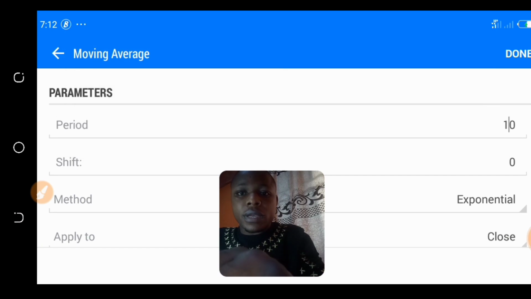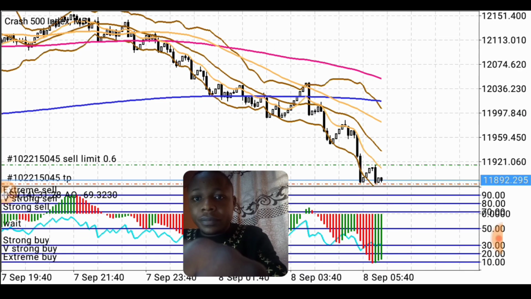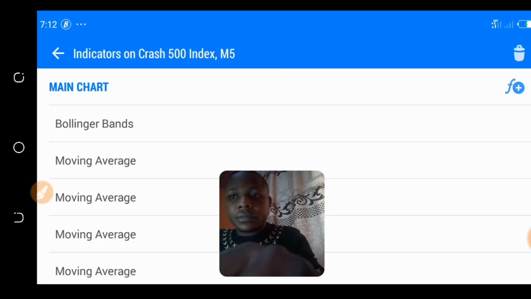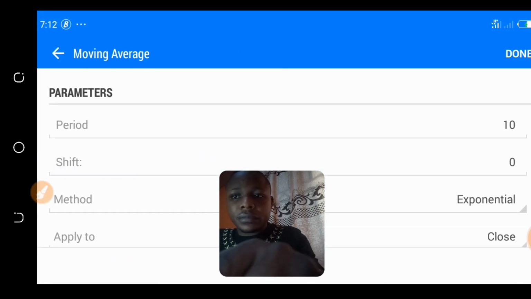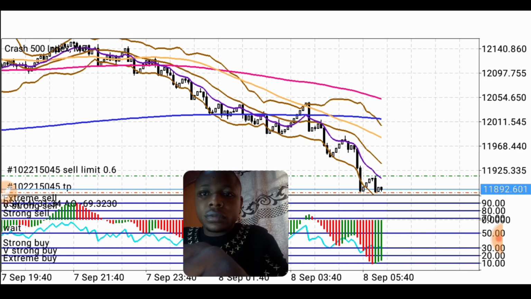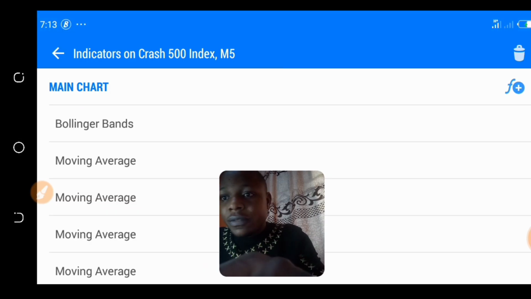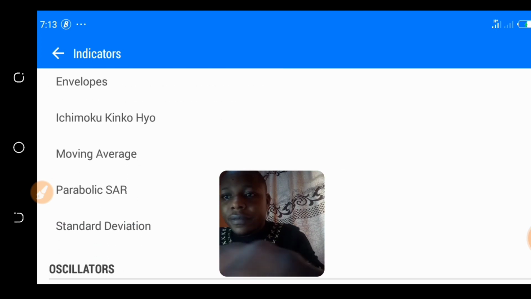Change this simple back to exponential. Oh, sorry, let me change the color. Let's make it purple. Then EMA 5, and that's the last moving average we'll be adding.